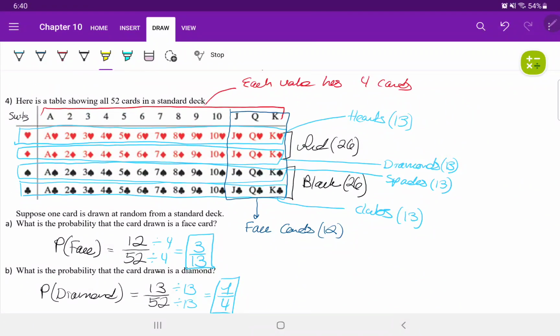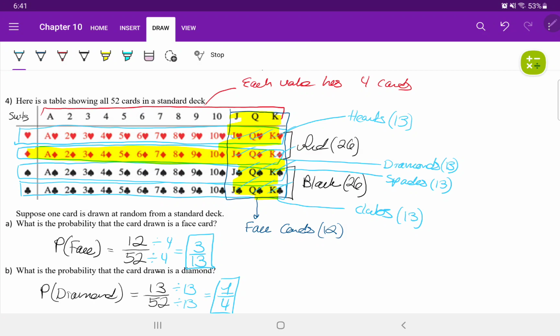So let's go back up to the picture. Highlight all the face cards. Highlight all the diamonds. Or gives us options. Or means union. So you've got to have one or the other. And let's count that off. We know off the bat there are 12 face cards: 1, 2, 3, 4, 5, 6, 7, 8, 9, 10, 11, 12. But if you noticed already, I already counted 3 diamonds: the Jack of Diamonds, the Queen of Diamonds, and the King of Diamonds.